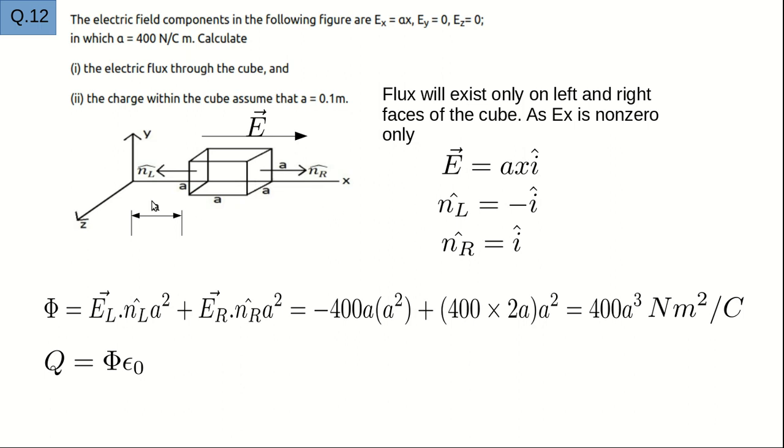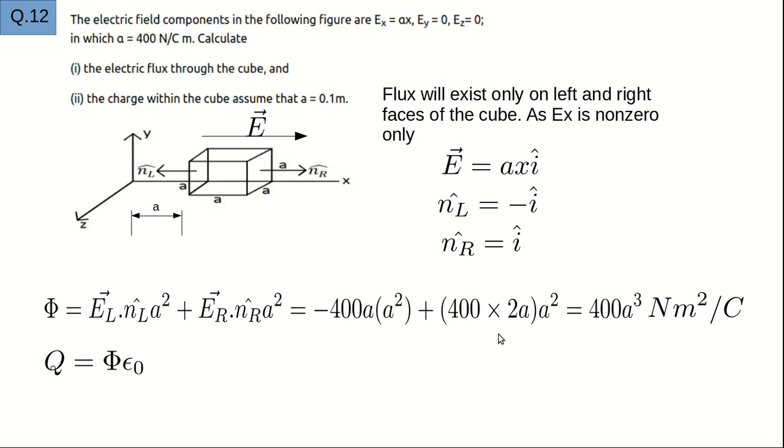So now the flux is EL dot NL cap a square, because the area of the cube face is length square, and the length is a, plus ER dot NR cap a square. If you do the multiplication, ER is proportional to x, so for this case x will be a plus a, which is 2a, so it is multiplied by 2a, and here it is a, multiplied with a.